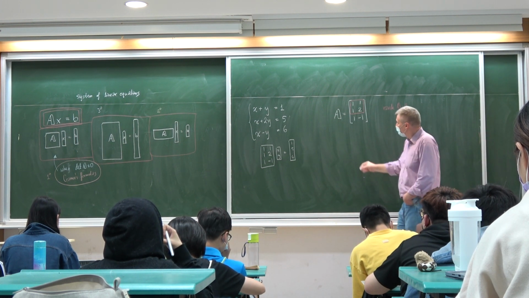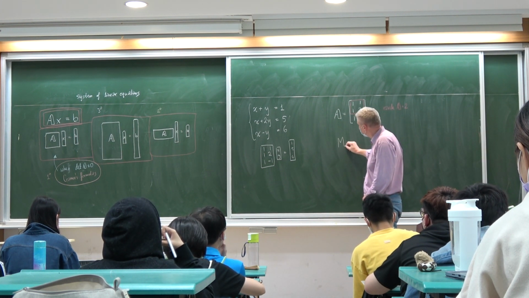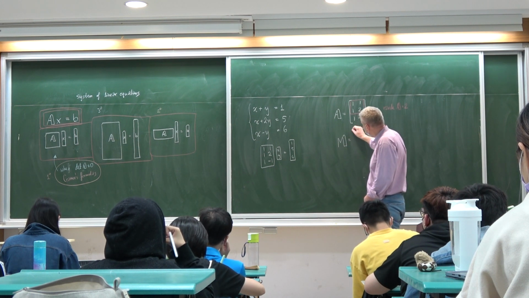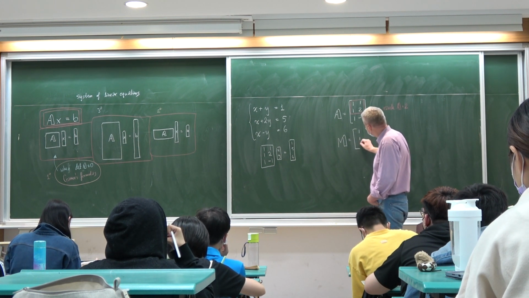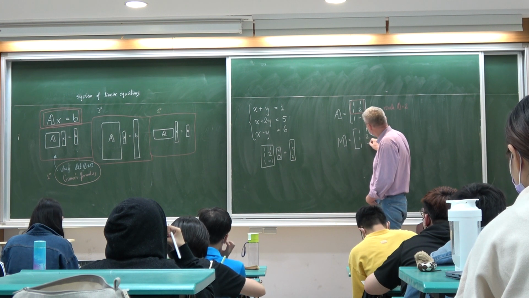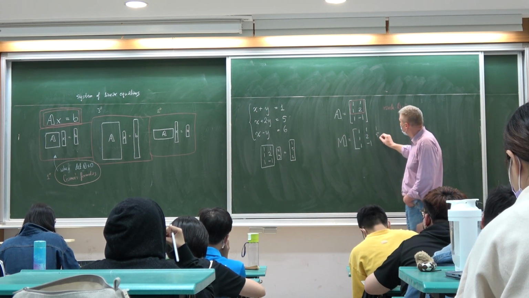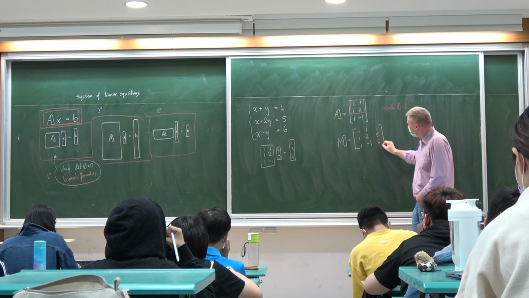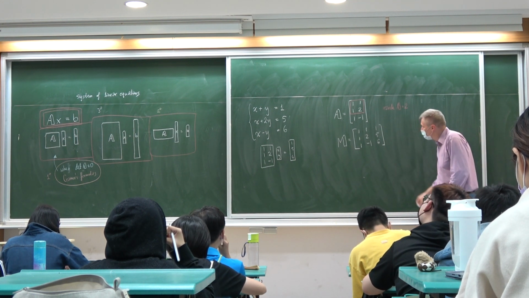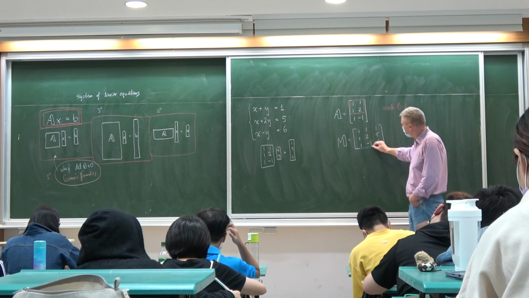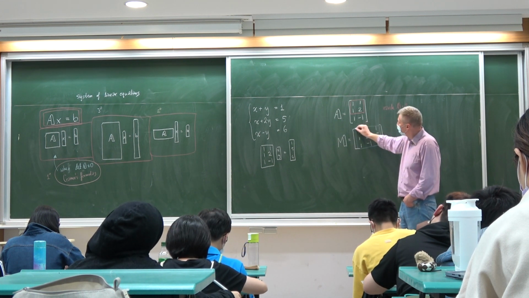Then I form my matrix M. My matrix M is 1, 1, 1, 1, 2, minus 1, and I'm adding that column, 1, 5, 6. Let me check if that determinant is 0 or non-zero.